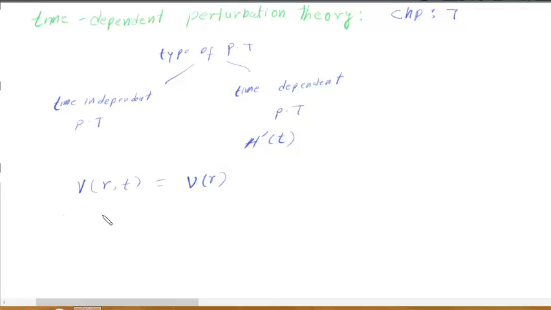Now the time dependent Schrodinger equation, which is H psi equal to i h cut d psi divided by dt.